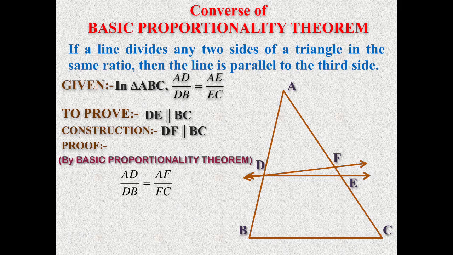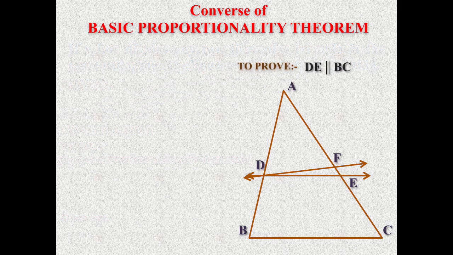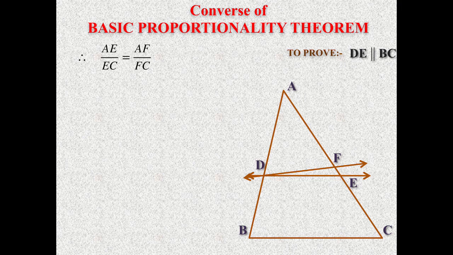But in this theorem, it is given that AD upon DB is equal to AE upon EC. So with these two equations, we can say that the ratio AE upon EC is equal to AF upon FC.